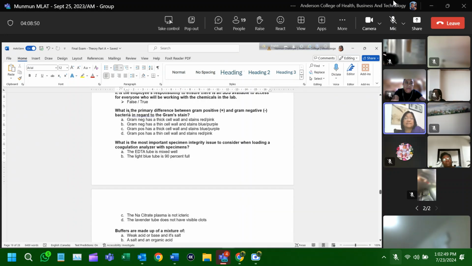What is the primary difference between gram-positive and gram-negative bacteria in regard to the gram stain? I think gram-positive has a thick cell wall and stains blue. What is the name of the cell wall? Peptidoglycan layer.